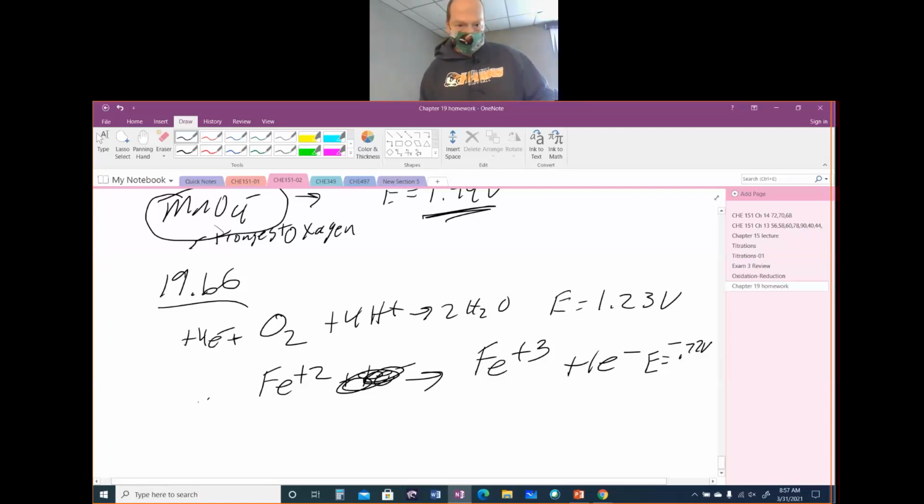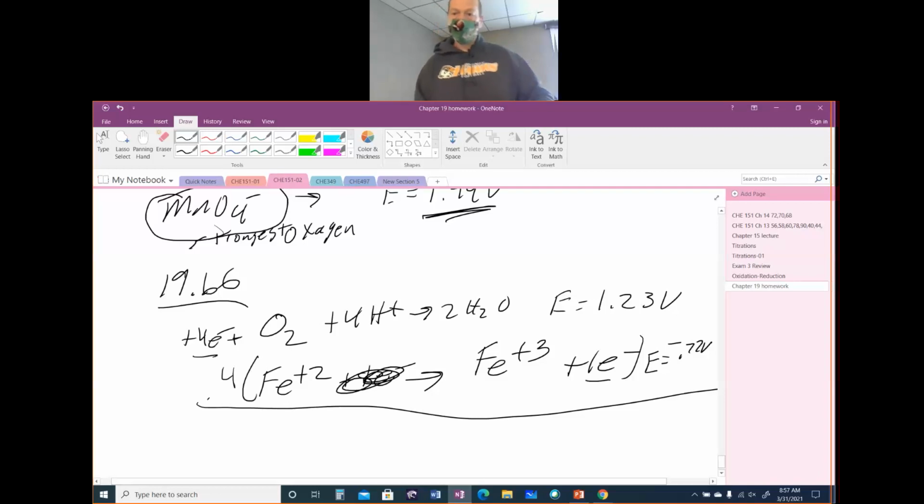So when you add these up, you multiply this by 4 in order for 4 electrons gained to equal 4 electrons lost, but you do not multiply your E value. So it's still negative 0.77. And so when you add those together, 1.23 minus 0.77, you get 0.46 volts.